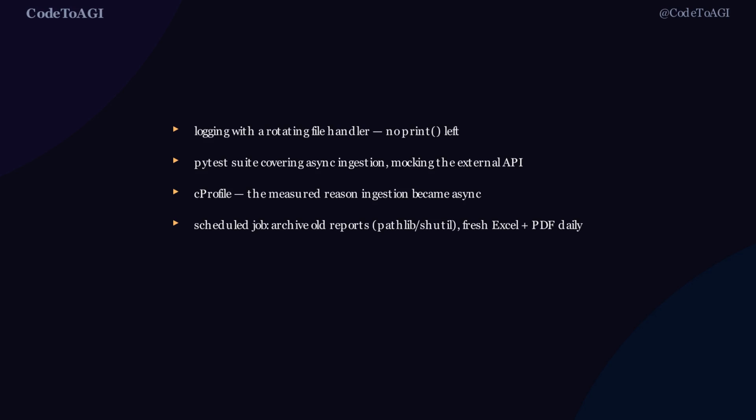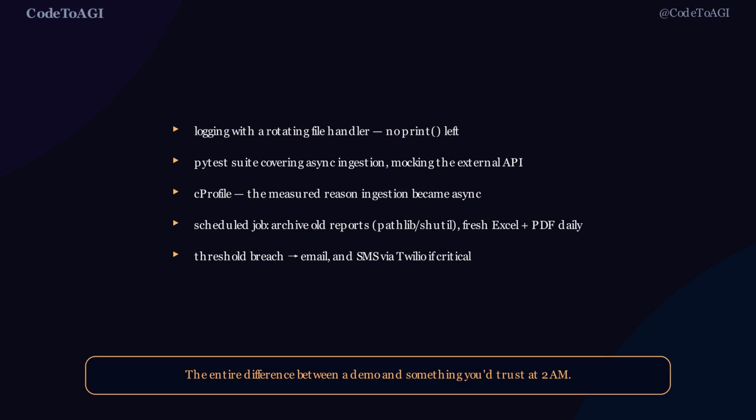A scheduled job archives old reports with pathlib and shutil, and generates a fresh Excel and PDF report daily. When a threshold is breached, the strategy layer fires an email, and if it's critical, an SMS through Twilio. None of this is glamorous. It's also the entire difference between a demo and something you trust at 2 a.m.